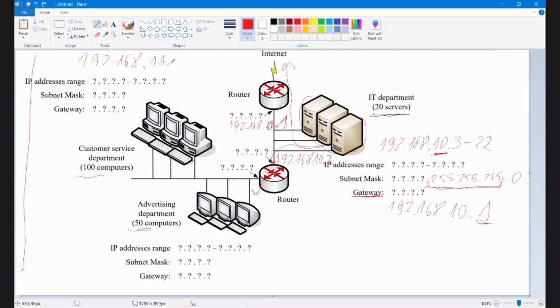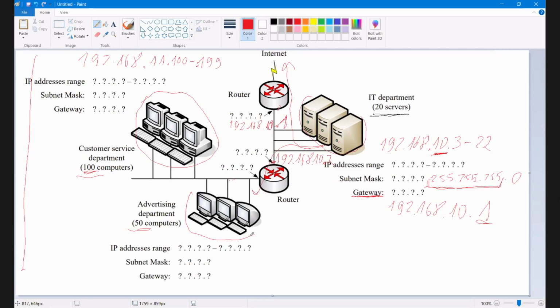If we have 100 computers, we can take the range from 100 to 199. It means we have 100 computers, so this range is for these computers.